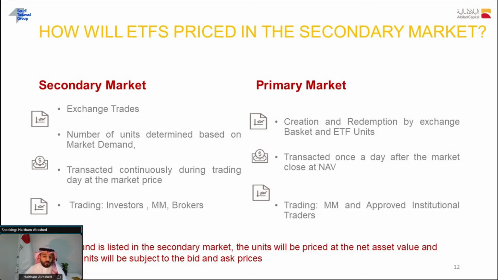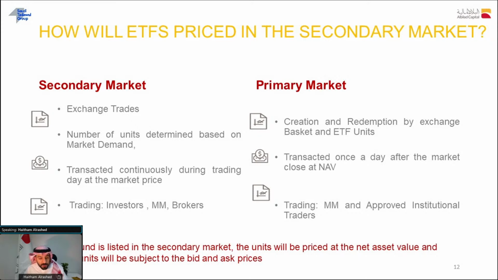Again, one important point is that the listed ETF will be priced based on market demand, with the support of the market maker to normalize the pricing and keep it close to the NAV.